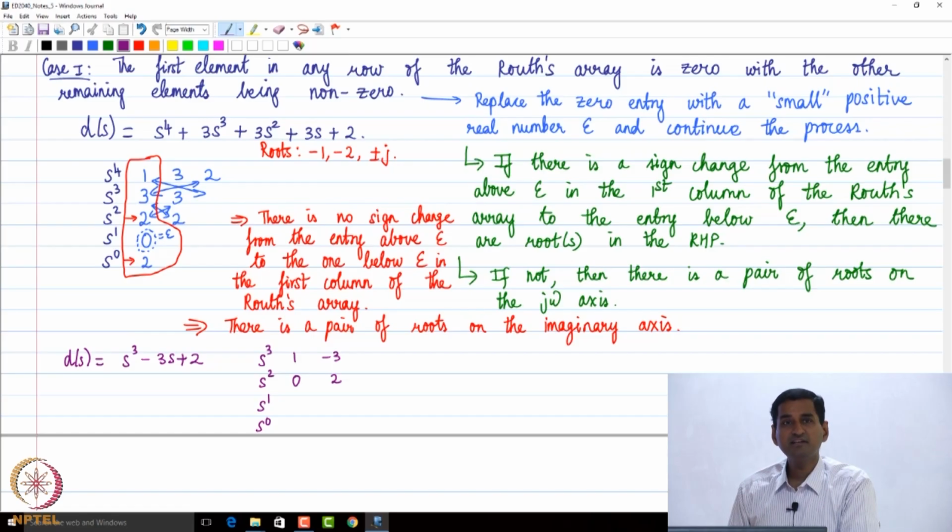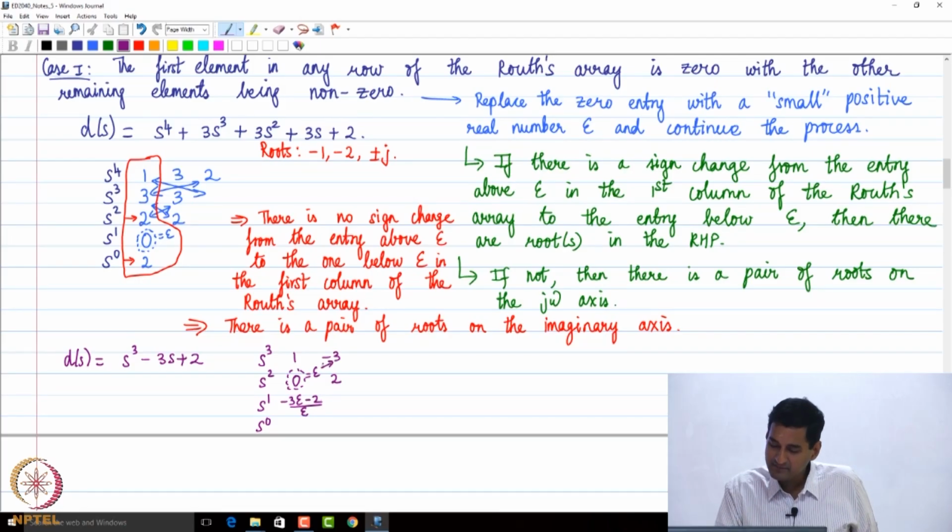Immediately we see that the first entry in the s squared row is 0, but there are other non-zero entries, namely in this case there is a non-zero entry 2. So what do we do? We replace this with a small positive number epsilon and continue. Then what will I get? I will get minus 3 epsilon minus 2 divided by epsilon in the s power 1 row. How do I get this?